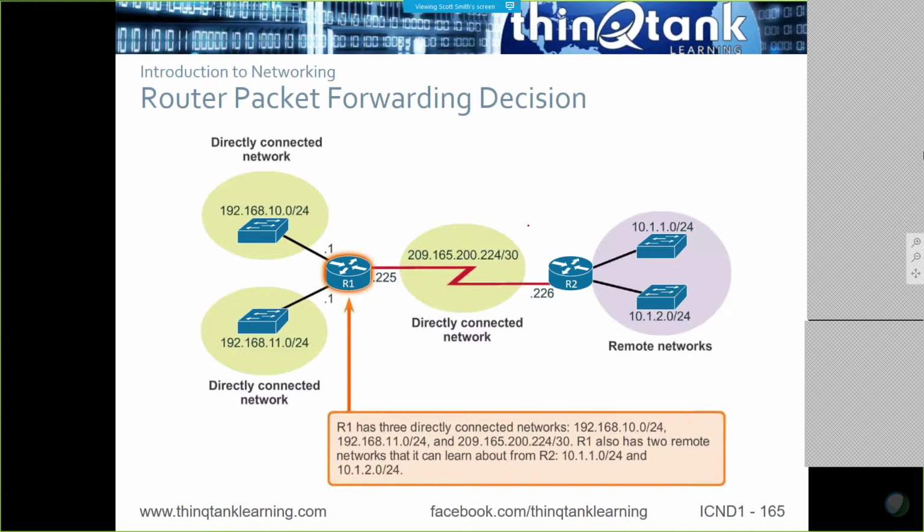Something physically connected to that router? It's a network that's physically attached to the router. Absolutely. How many directly connected networks exist on router 1? 3. You guys see that?